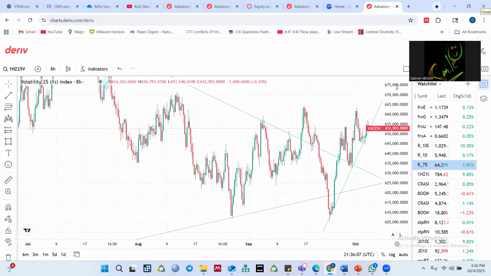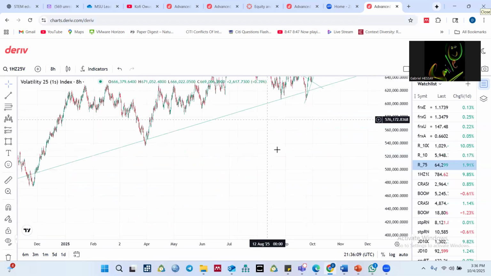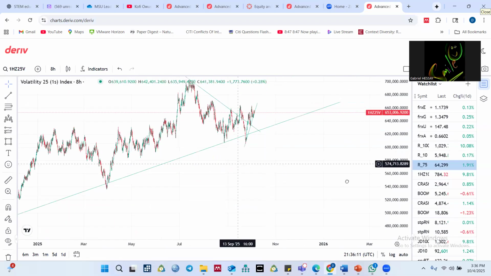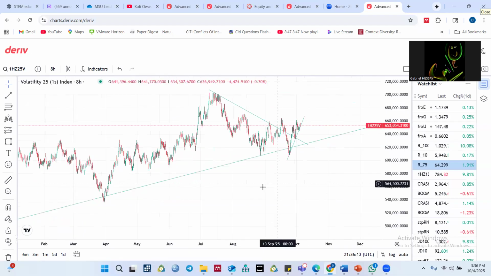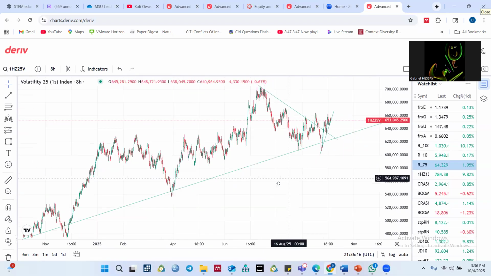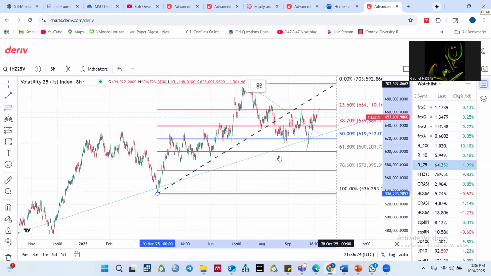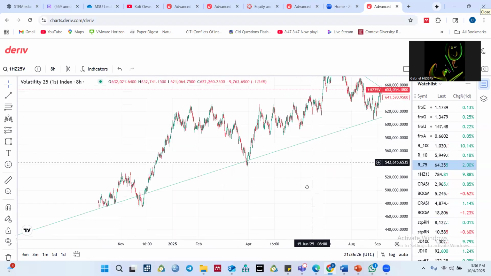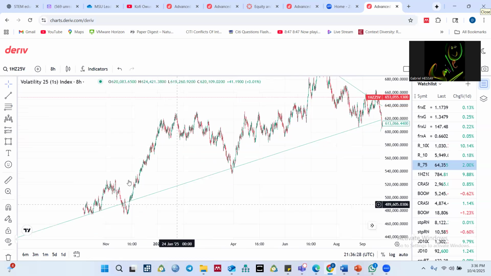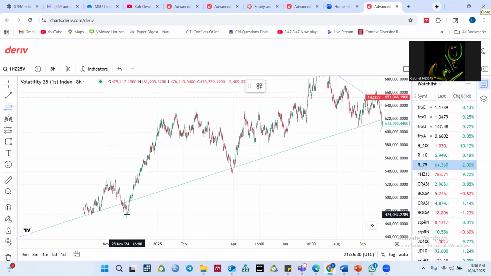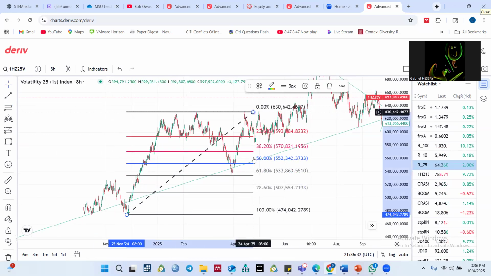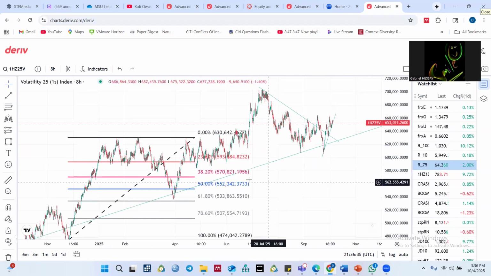The other thing is that for V21S, let's say we want to use the last or most recent swing low up. When price took off from here, it gave us a 61.8% retracement.